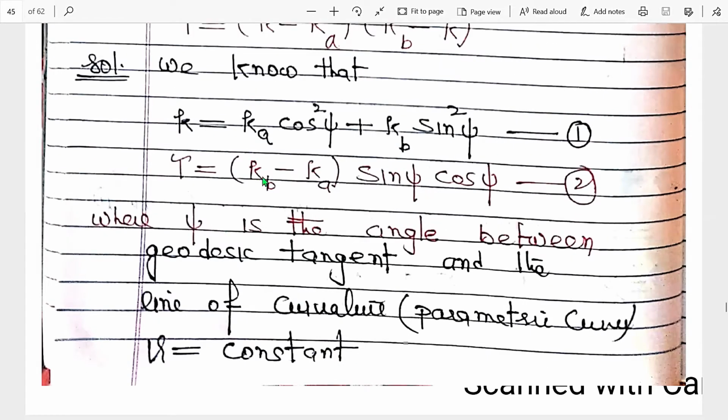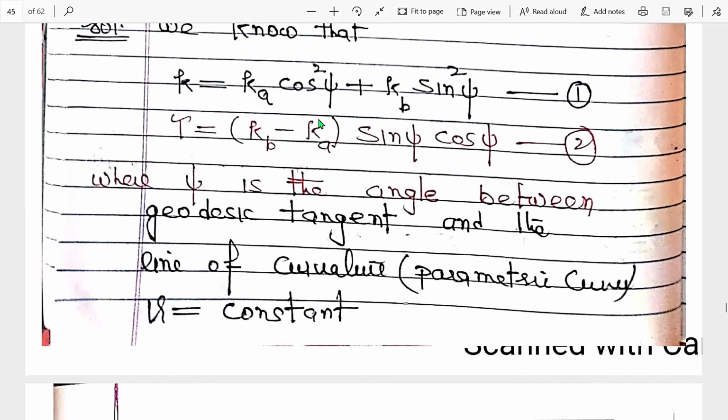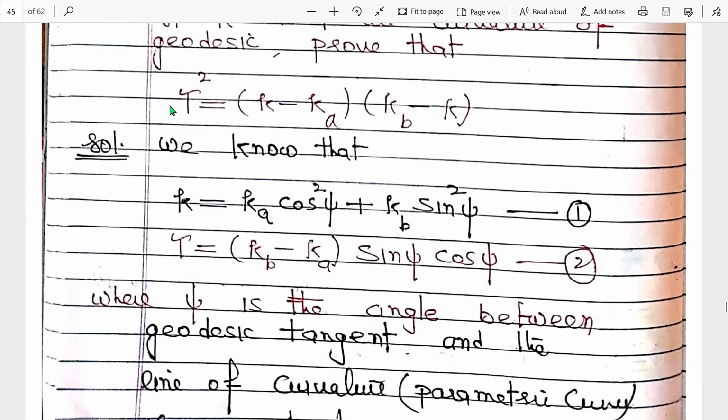And tau is equal to kappa B minus kappa A into sin psi cos psi. We already discussed that in the previous video. By using these two equations, we prove this result, and this result is very important, so remember that.